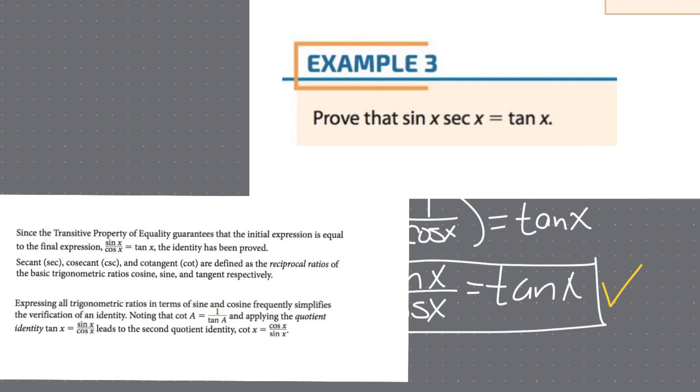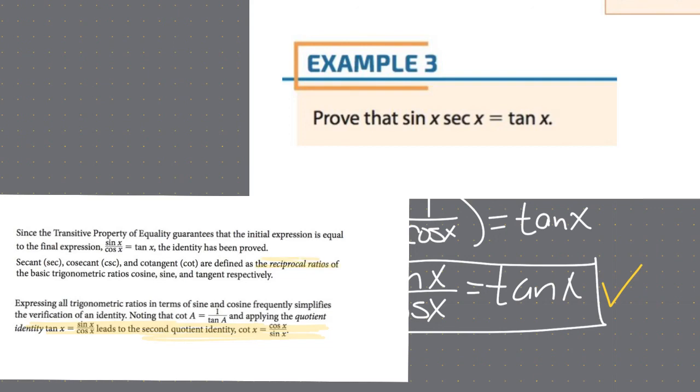Flip it over. It's the cosine of x over the sine of x. Maybe we should star this, and write this down, and highlight this. It's on there for a reason. Okay, reciprocals. These are reciprocal ratios.